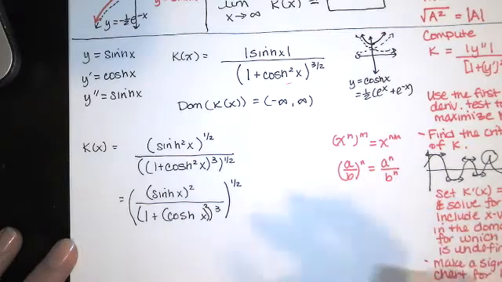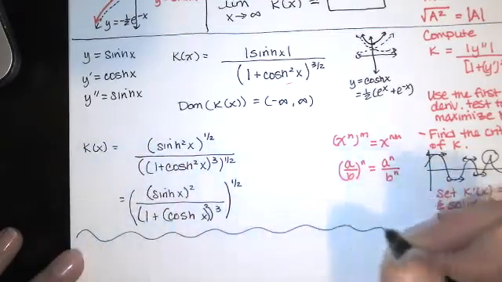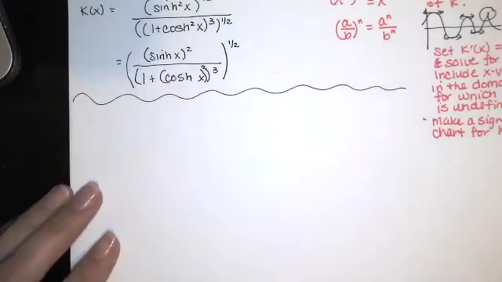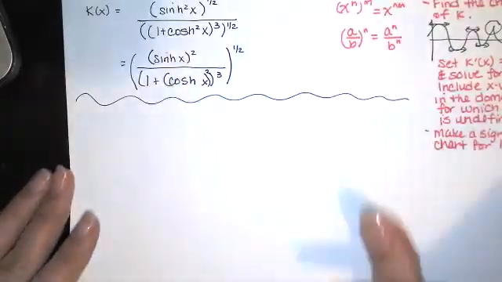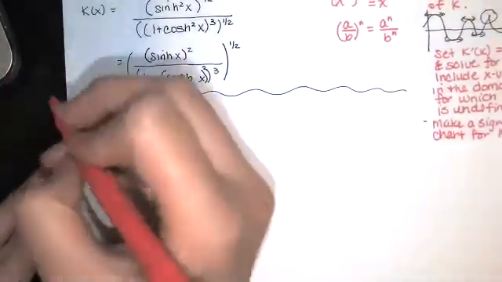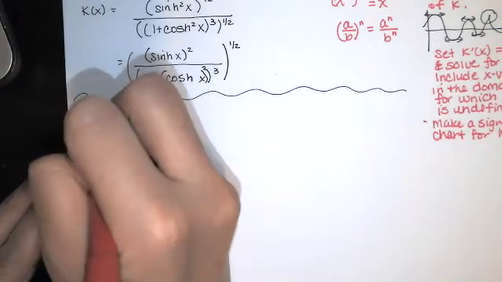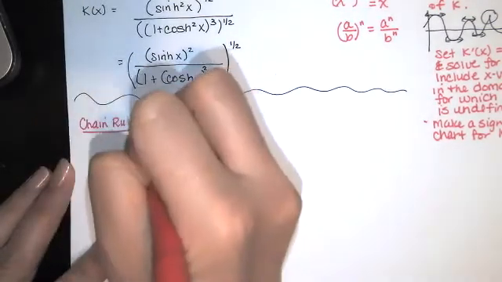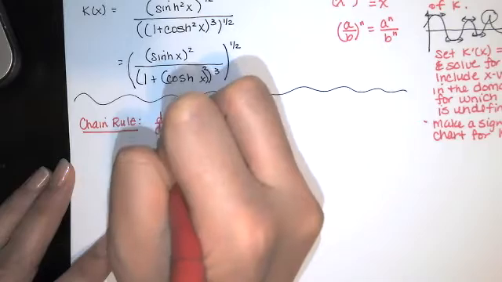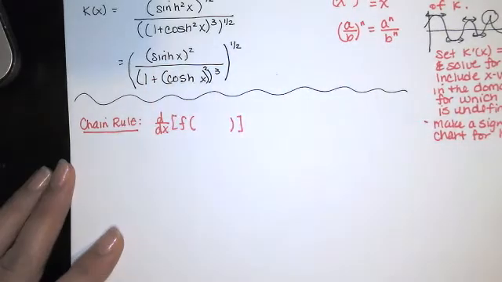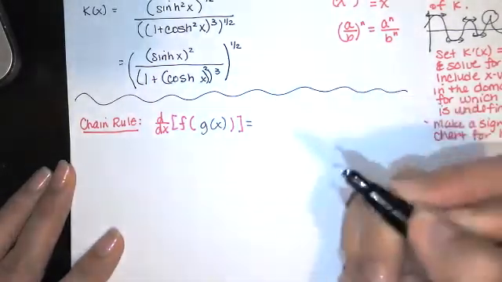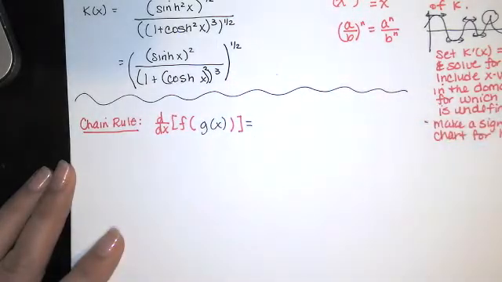To get ready to compute that derivative, let's just write down our two rules that we're going to need. I've got a quotient inside a power function. So let's talk about the chain rule first. The chain rule says the following. If I'm taking the derivative of a function nested inside of another function, like this, first I'll take the derivative of the outside function.